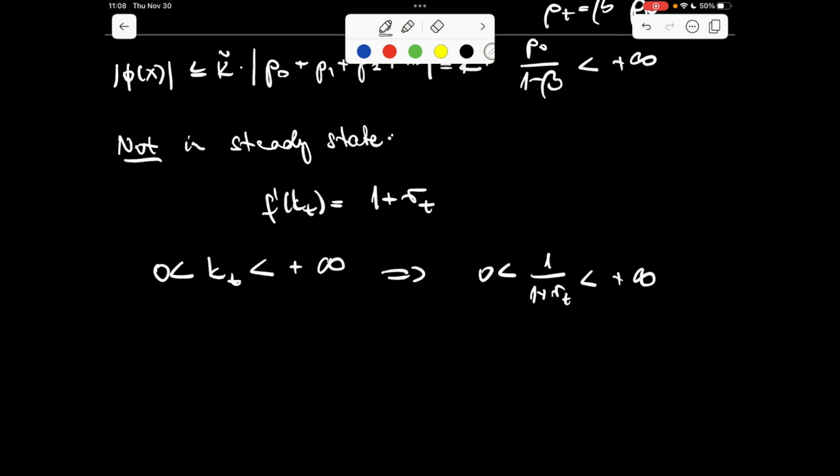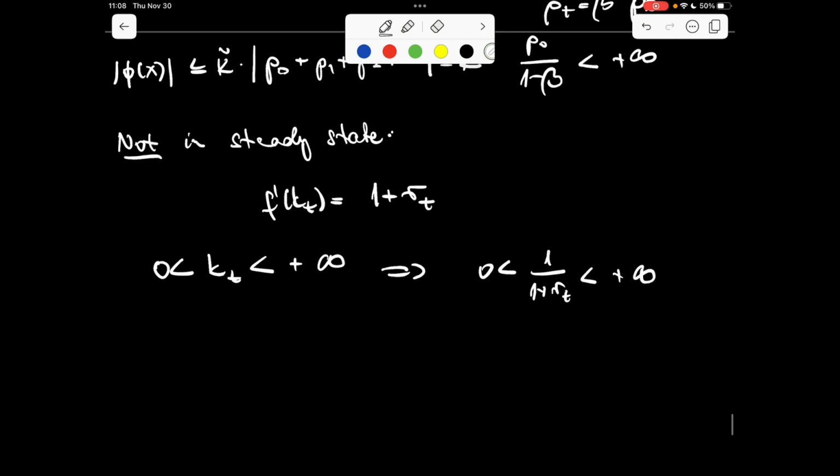This is also finite. And it is also true which is also finite.